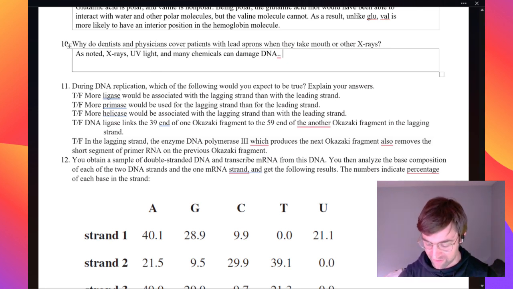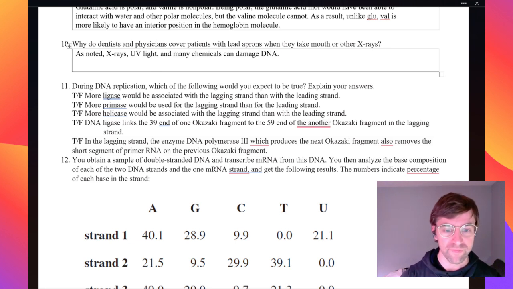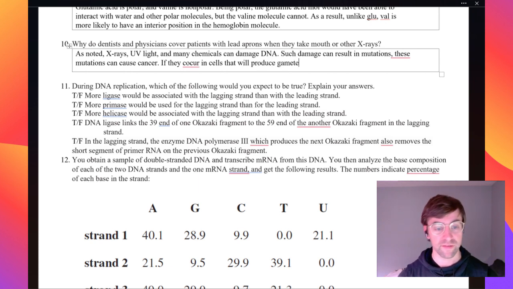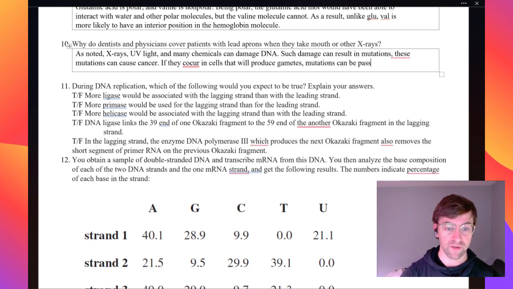Or function. And these mutations can cause cancer and other diseases. If they occur in cells that will produce gametes, that is sex cells, mutations can be passed on to offspring.